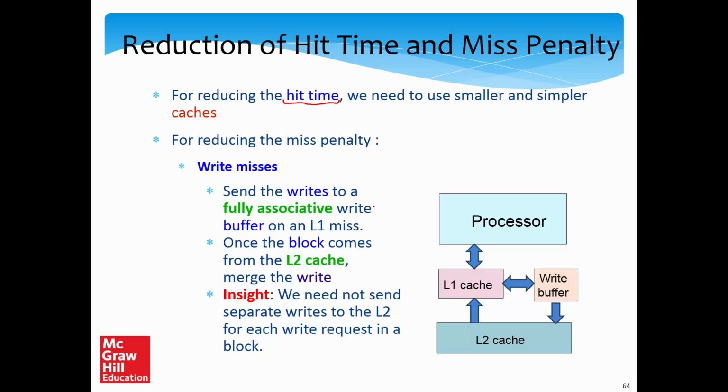The write buffer need not be after the L1, it can be between the processor and L1 as well. It does not matter, the concept is the same. So we send the writes to a fully associative write buffer on an L1 miss. And basically this contains multiple blocks.